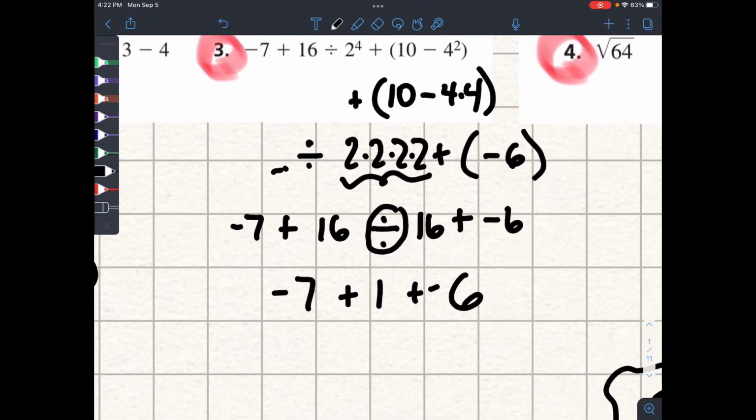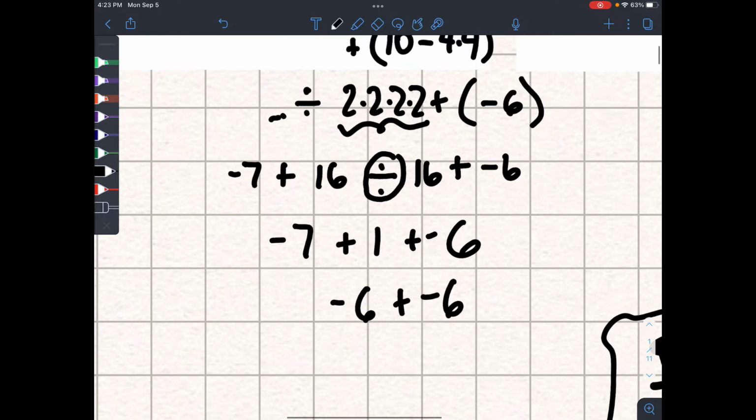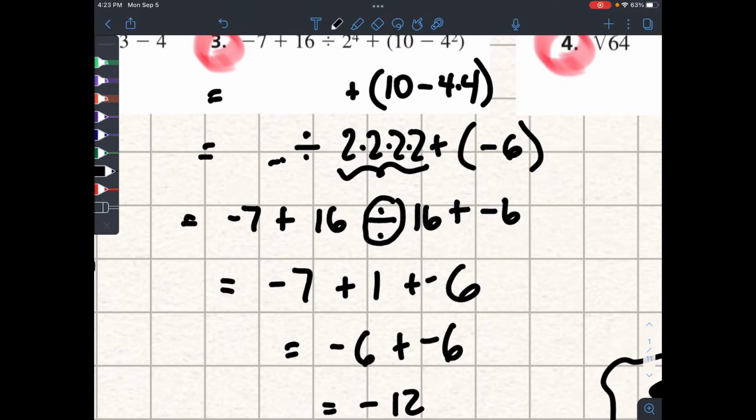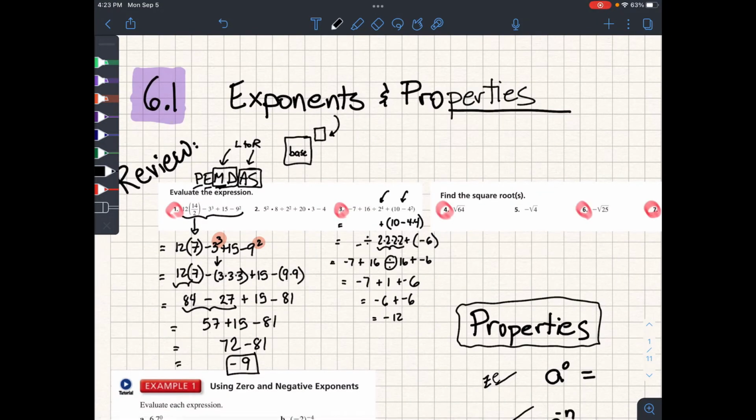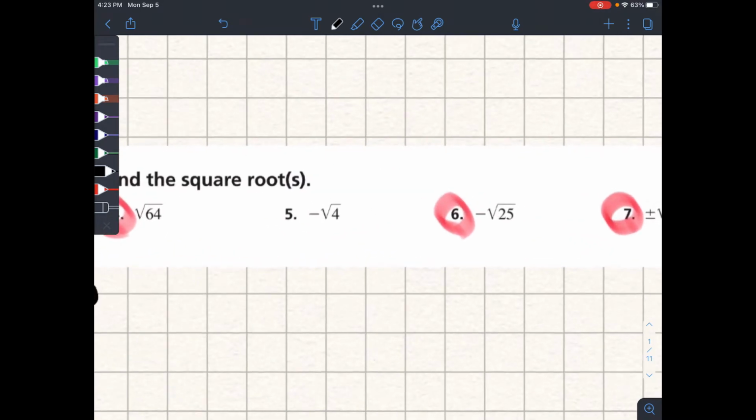And finally, negative 7 plus 1 is negative 6, plus another negative 6. I think I get a negative 12 in this case. All right, hopefully I didn't go too fast there, and that all made perfect sense to you. That is PEMDAS.